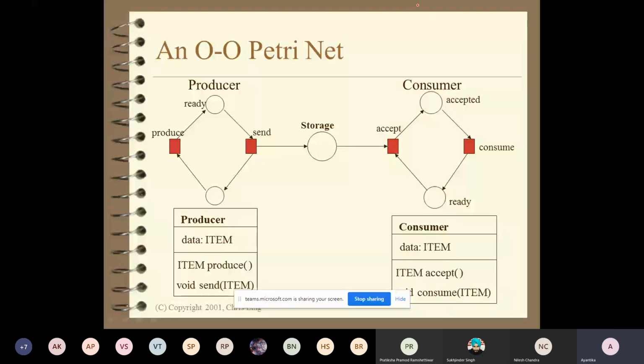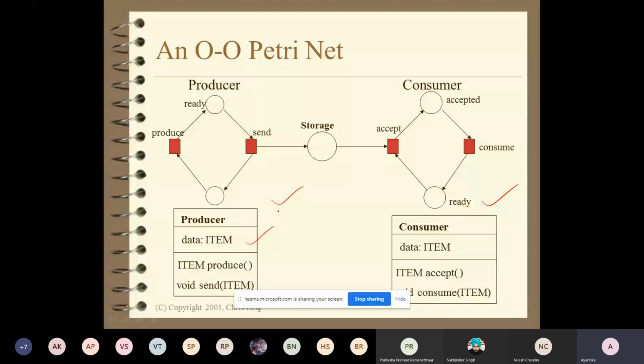Object-oriented concept means whenever you are considering this producer and consumer, you are basically thinking of them as object instances of some classes, and you are defining added features and added functionalities for them. These features were added in the later, modified, improved versions of Petri-net.